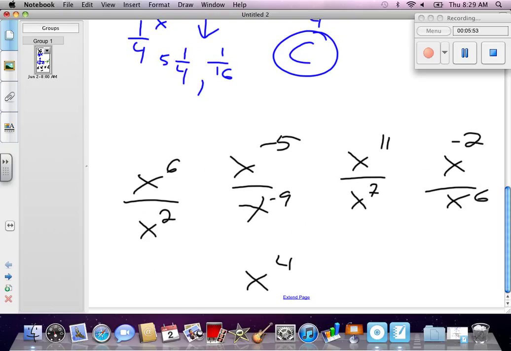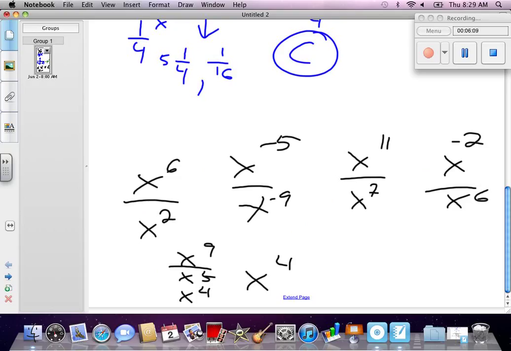Because you get x to the 9th over x to the 5th. 9 minus 5 gives you x to the 4th. Right, so I flipped them, and then you subtract with dividing.